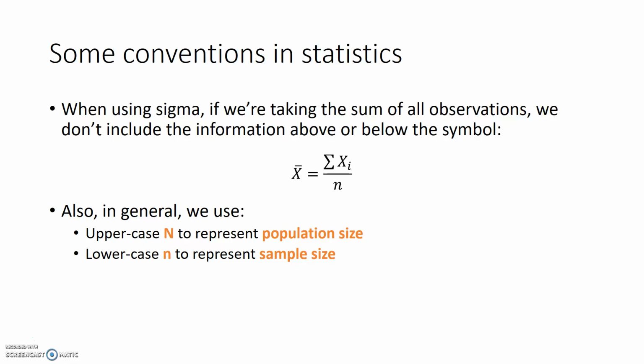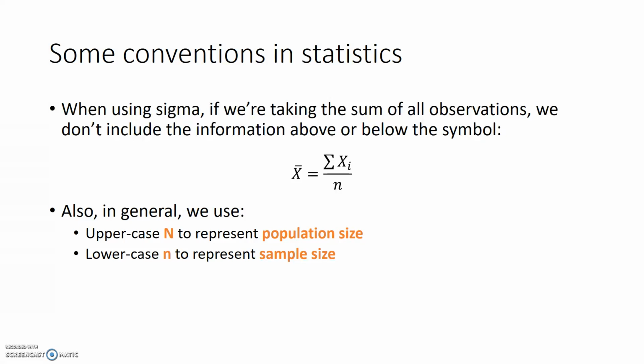So with x sub i, that could be the first value, the second, the third, whatever. Without the top and bottom, we go through all of them from i equals 1 all the way up to n. We use this often enough that it's not worth noting every single time. We can save ourselves the clutter. So a sigma alone means that we're going to go through every single value.